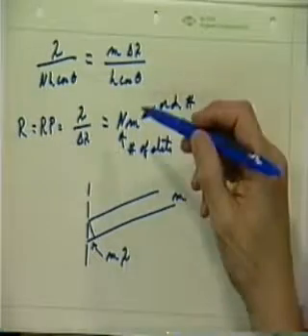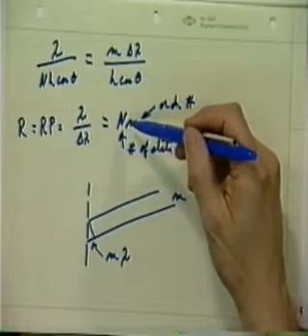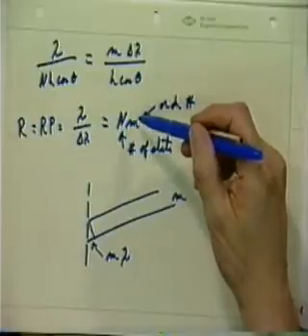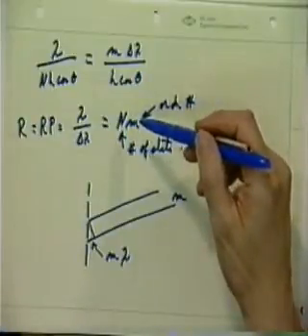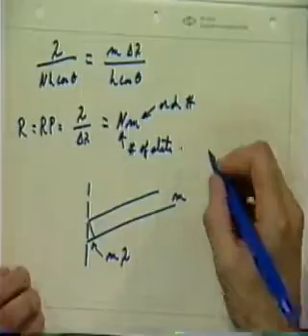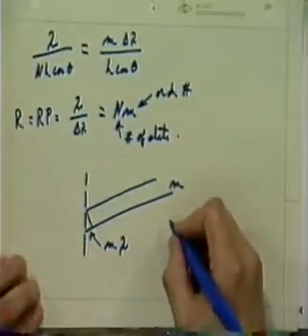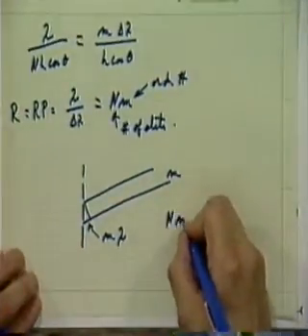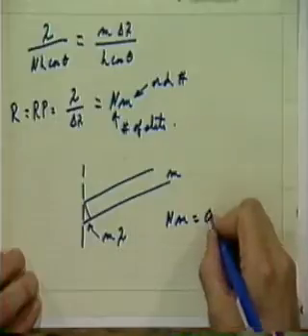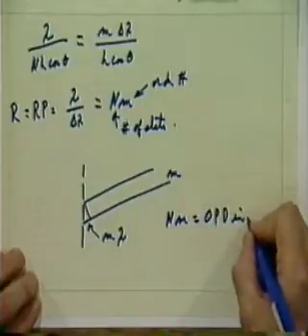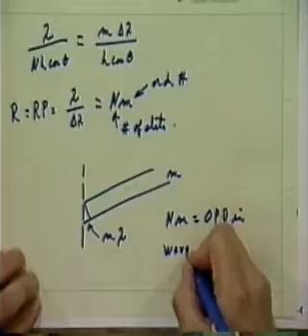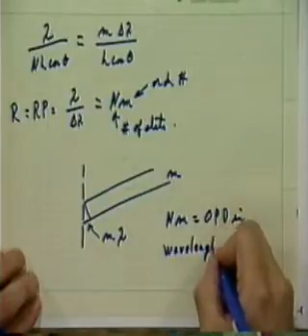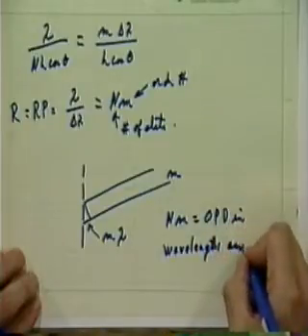And we have n slits here. So n times m is simply the OPD in wavelengths across the beam.